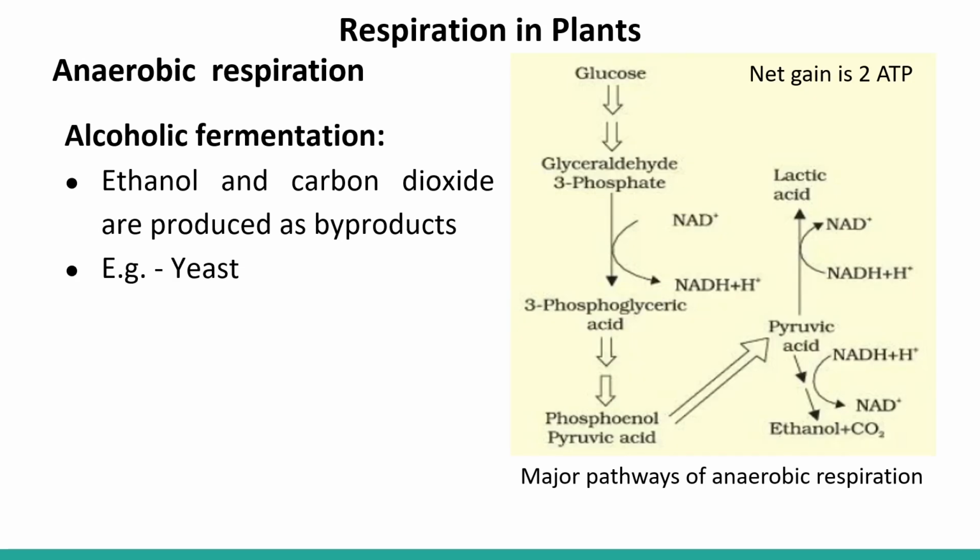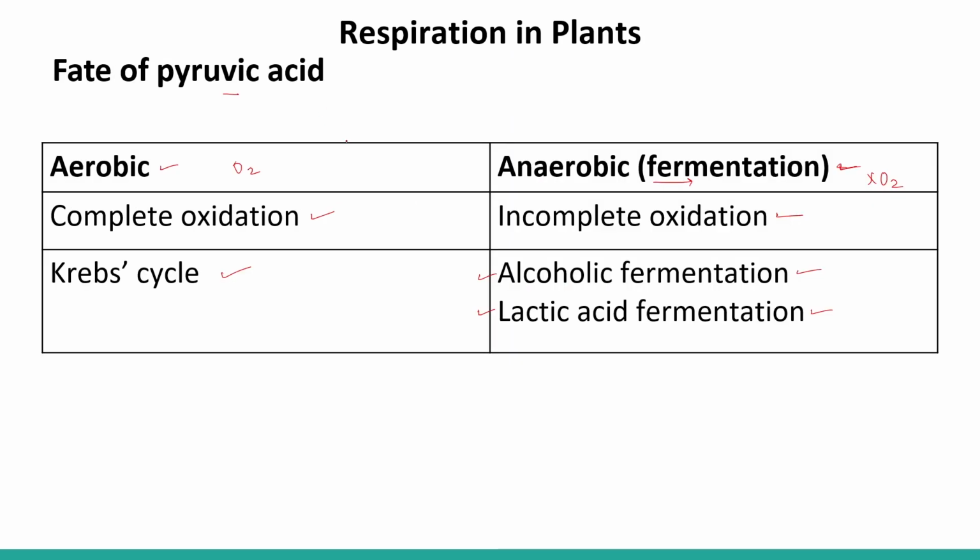Now first let's talk about anaerobic respiration, and within anaerobic respiration, first we will talk about alcoholic fermentation. So what happens during alcoholic fermentation? Pyruvic acid, or the pyruvate which is formed during glycolysis. And one thing again you have to remember is that glycolysis is a common pathway before aerobic and anaerobic respiration.